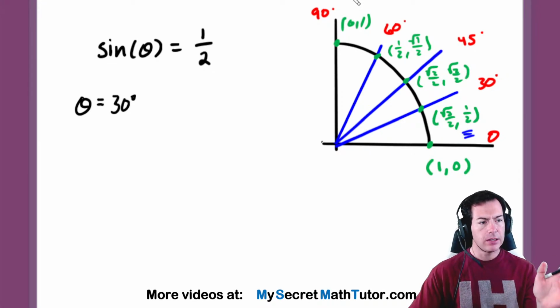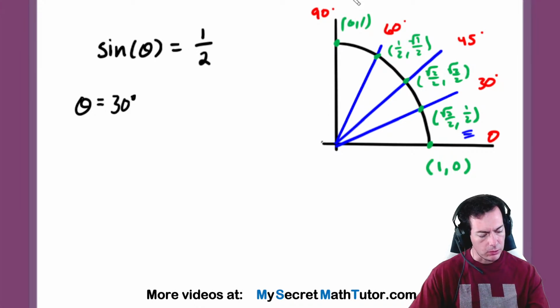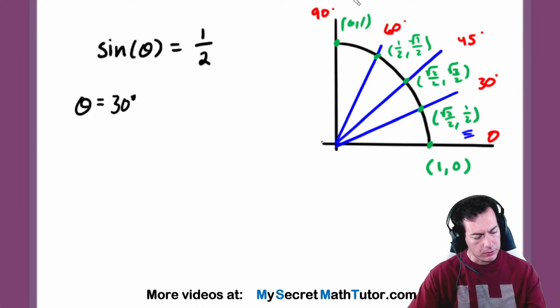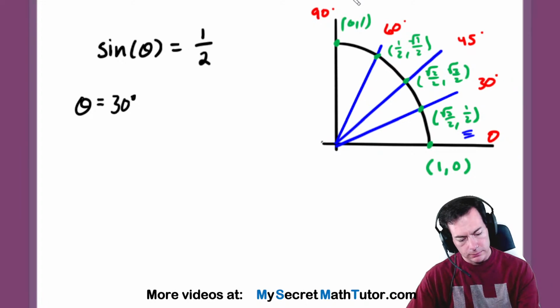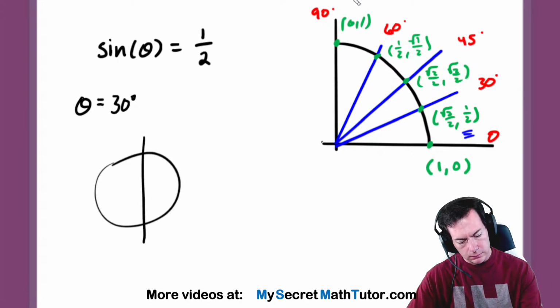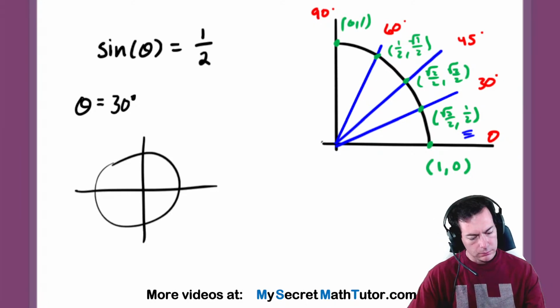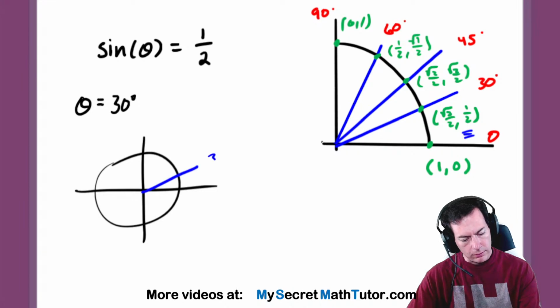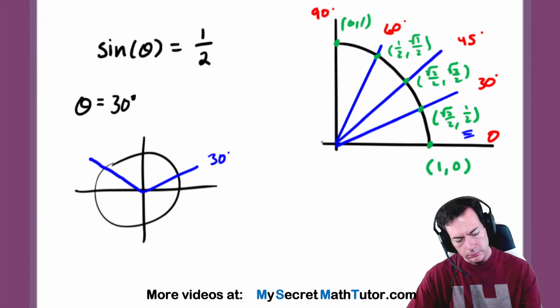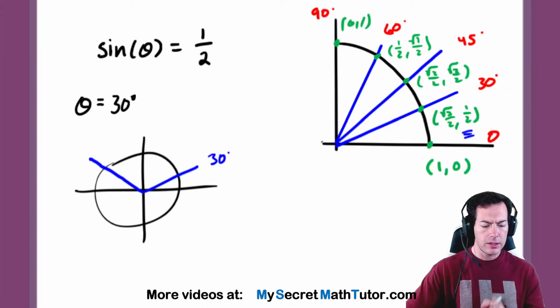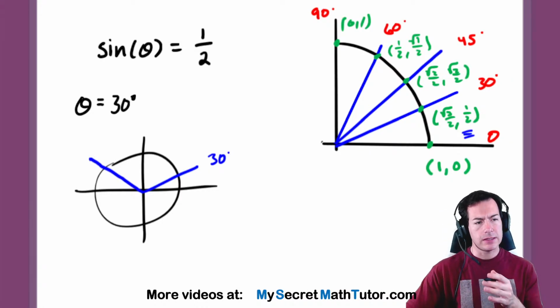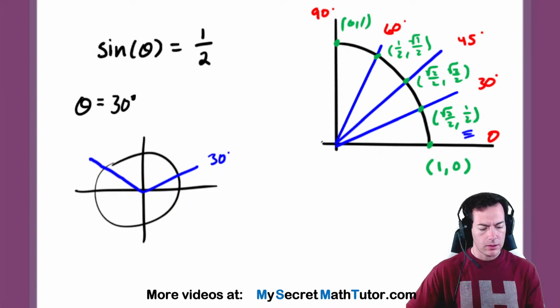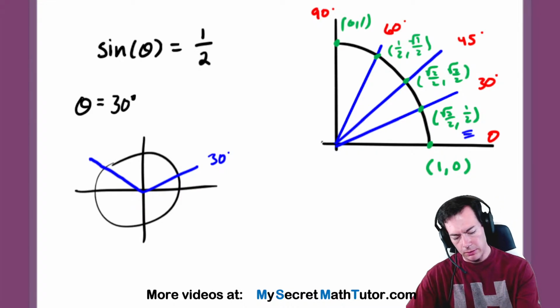So if I wanted to continue this around and find other locations, let me draw a really rough unit circle. So you have this one at 30 degrees. We'd have another angle over here that would have the same value of sine. So I could do 180 minus 30, so that'd be at 150.